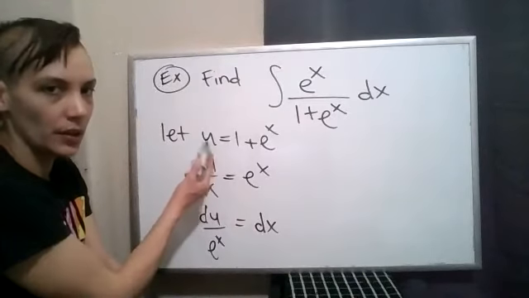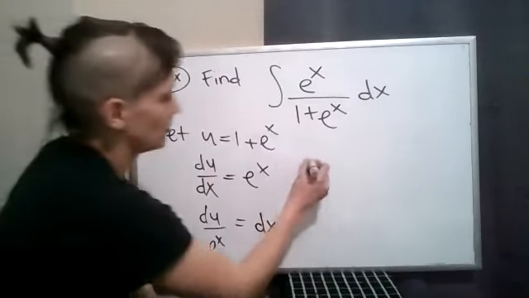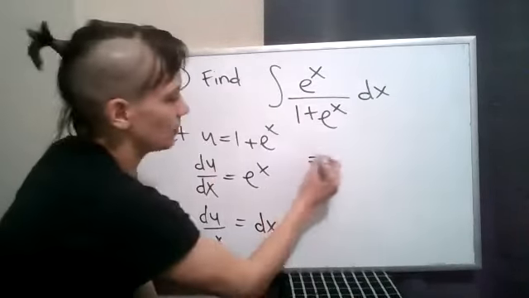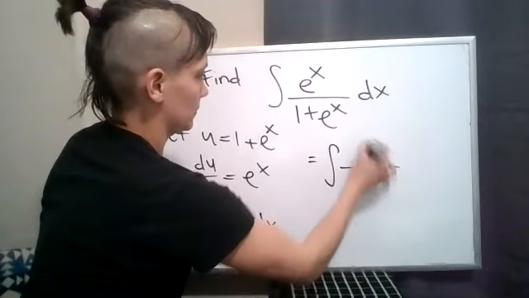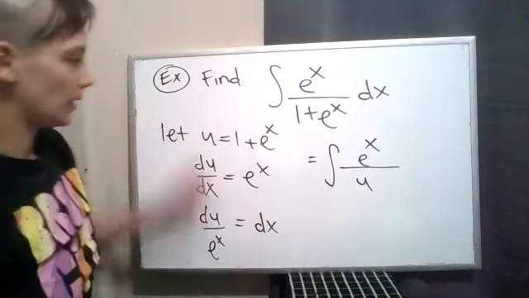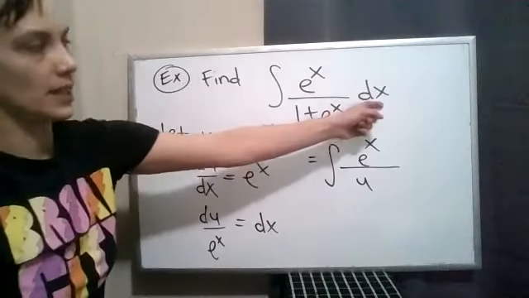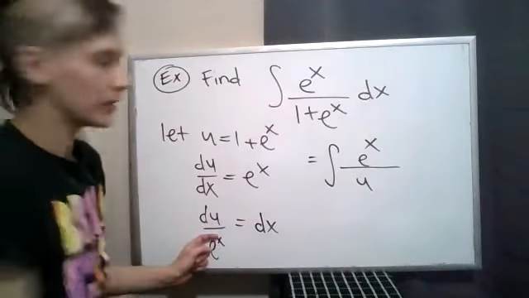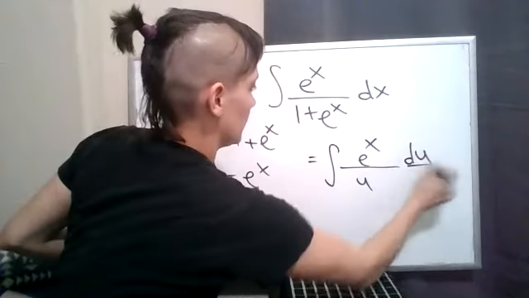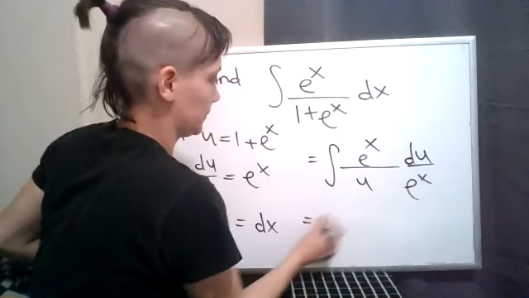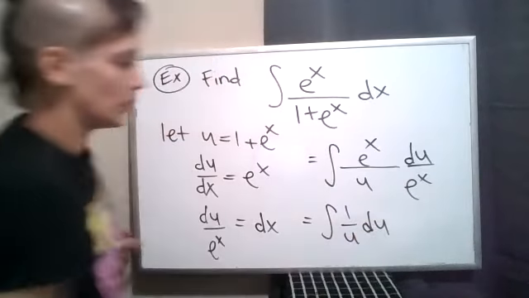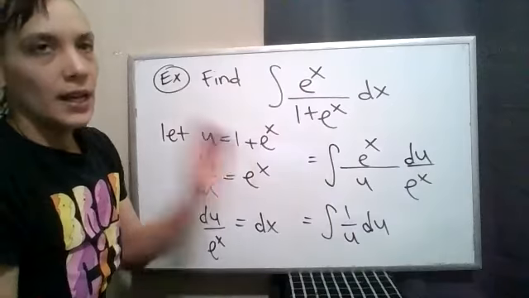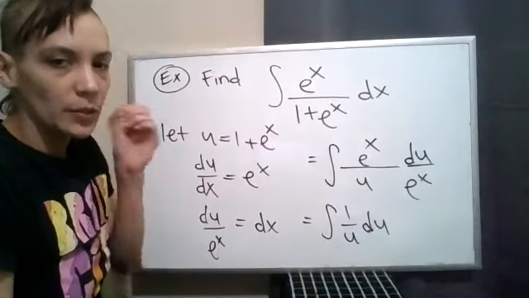And then you put in our u and you put in our dx, and probably you can take the integral after that. Find the integral. Okay. U is that denominator, dx is right here, it's du over e to the x. Okay, so it's ln absolute value of u plus c.